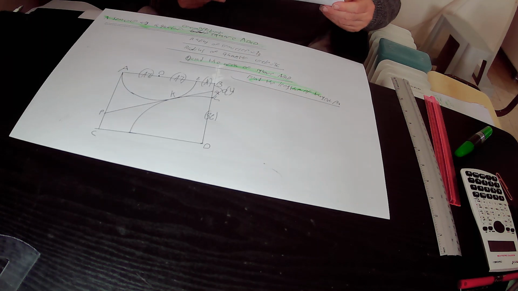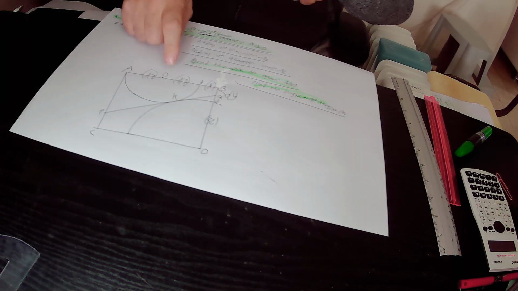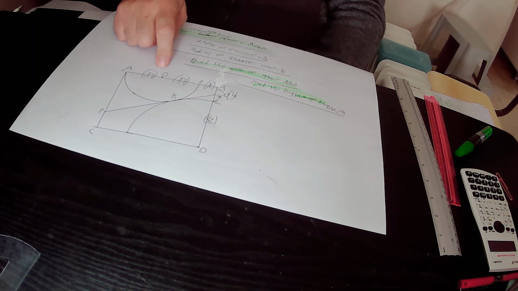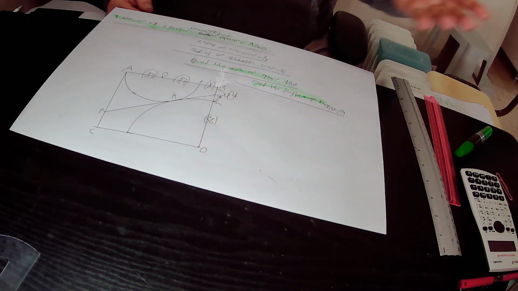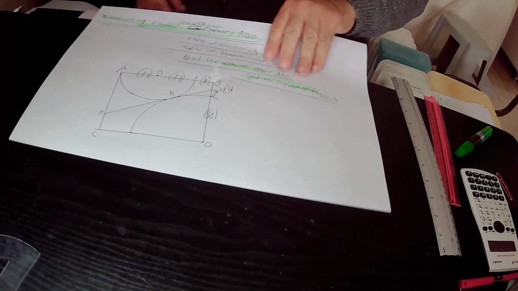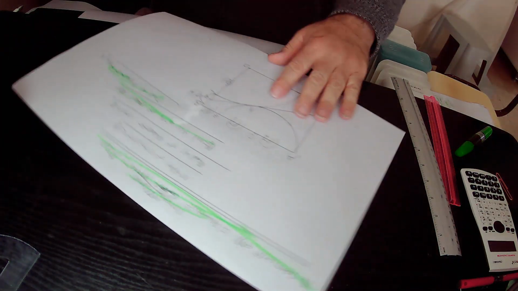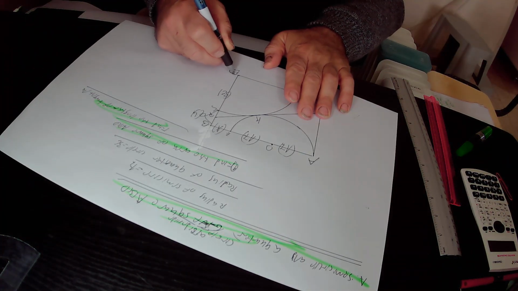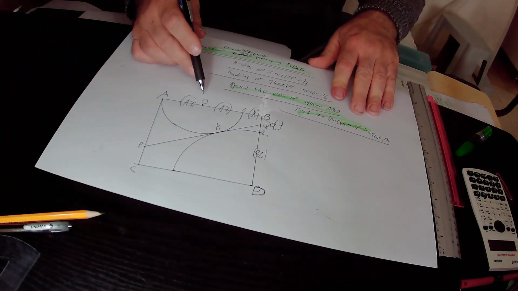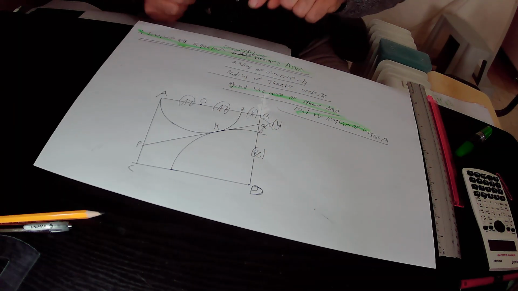We can implement rule 10 in our drawing because in our drawing, we have an external touch between the semicircle and the quarter circle at point K. The center of this semicircle is O. The center of this quarter circle is point D. The straight line that connects the circles together is of course the straight line OD.